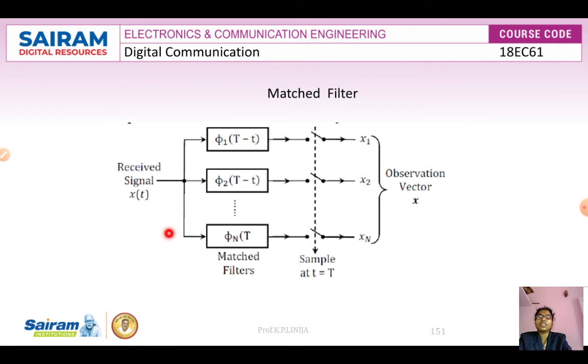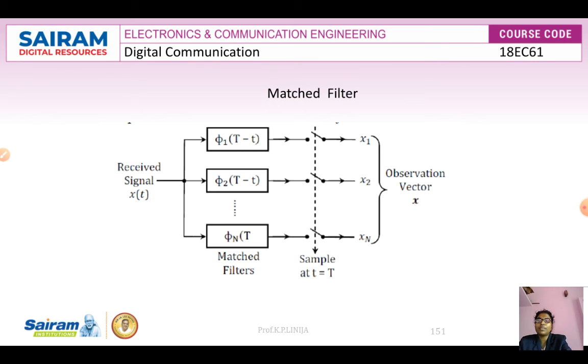So we are considering the diagram over here. The received signal x of t is taken as the input, and we are applying it to the matched filter. Now, the matched filter impulse response is what? We know that the impulse response is represented by phi of capital T minus t.